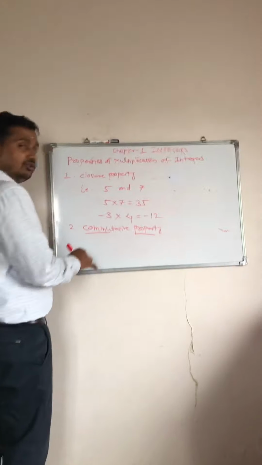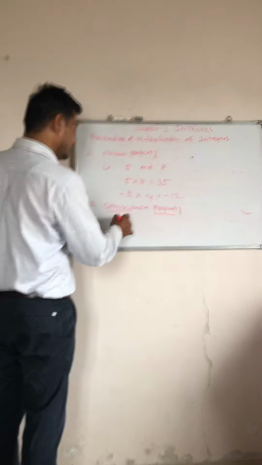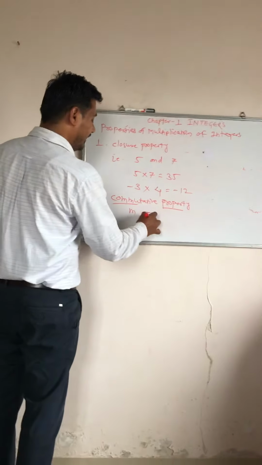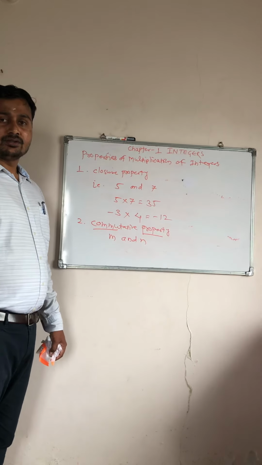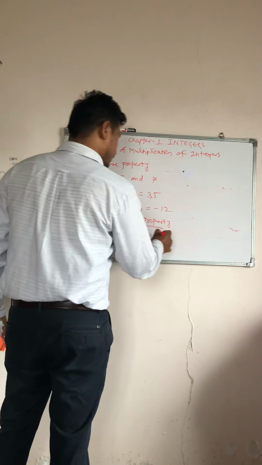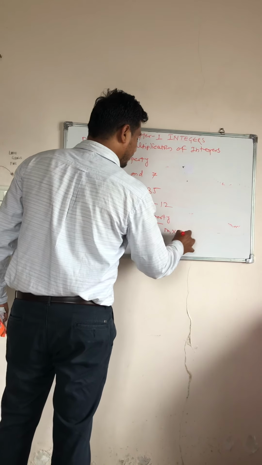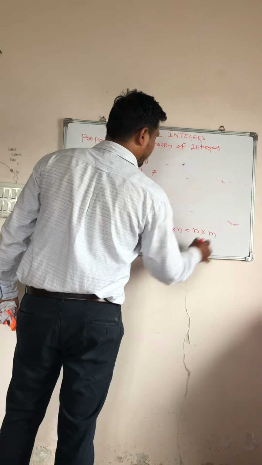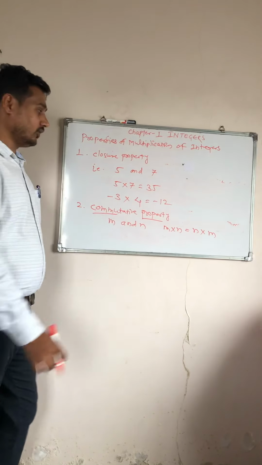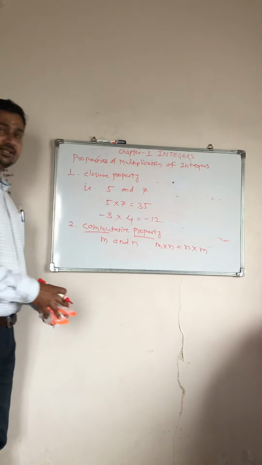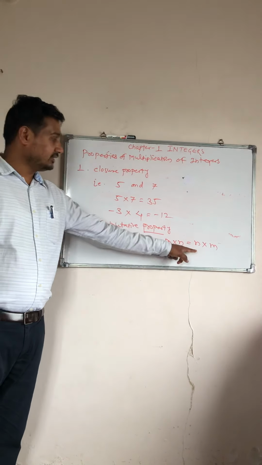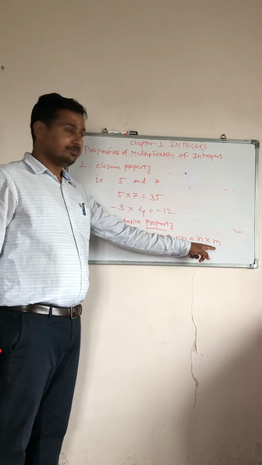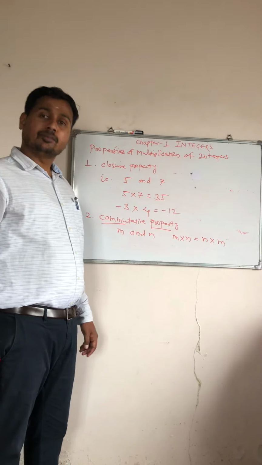According to this property, if you consider two integers m and n, then m multiplied by n is equal to n multiplied by m. This is called the commutative property.